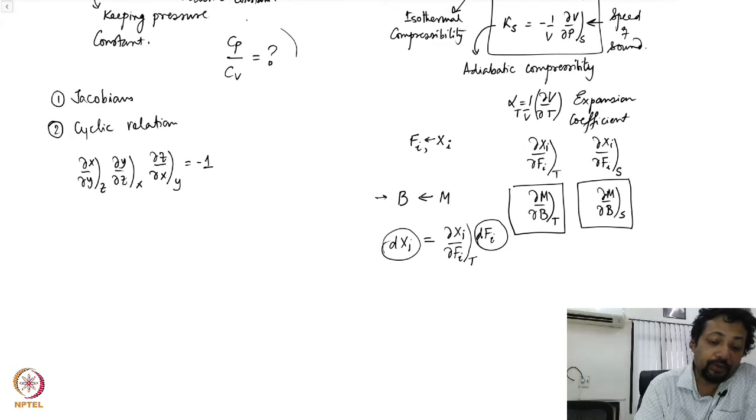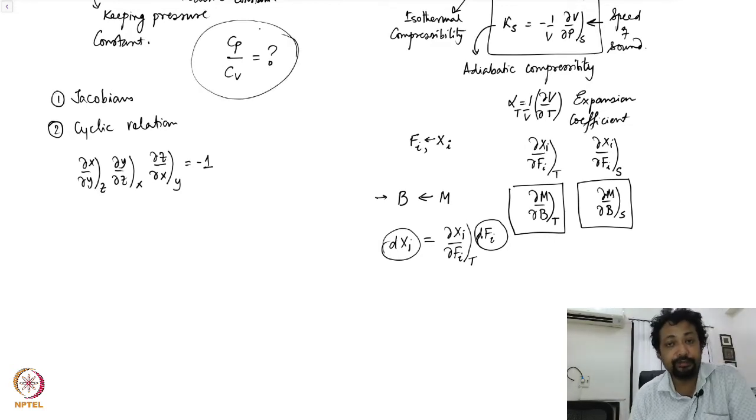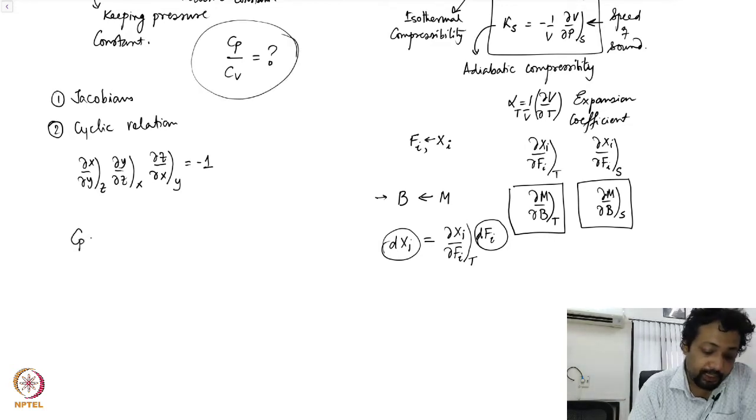So now coming back to this, I want to find out the ratio of Cp over Cv. Cp is defined as T del S del T, pressure constant, and Cv is defined as T del S del T, volume constant.